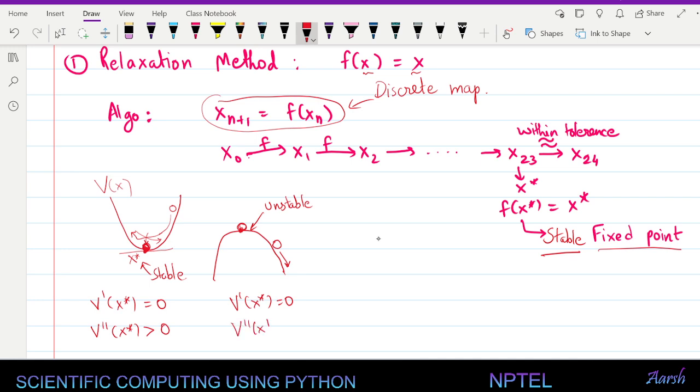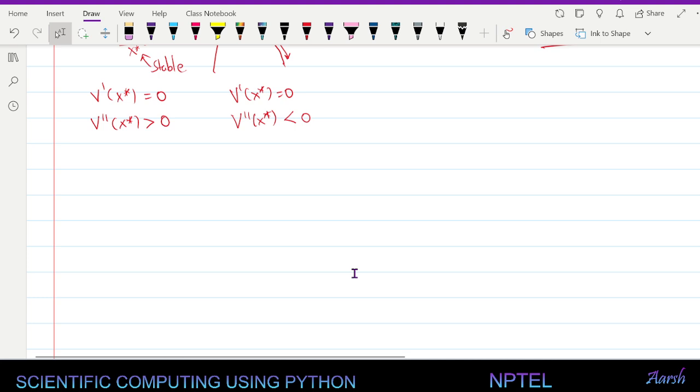But even if there is a tiny perturbation, it will fall off. So the second derivative is negative. In the same way, for the map we can derive the stability criterion.